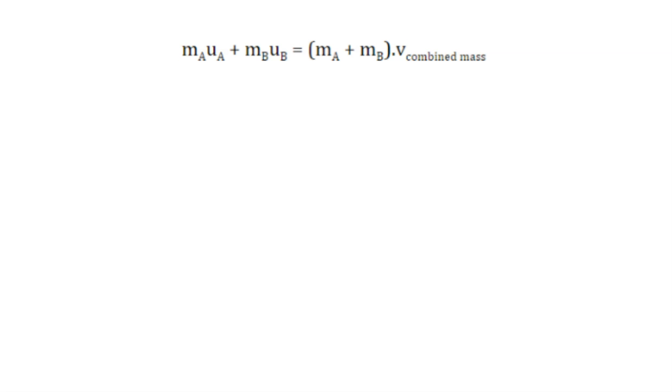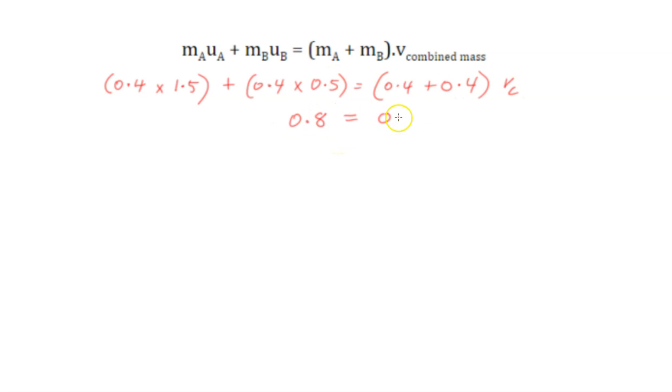So now let's substitute our values and then solve. And because it's a positive value, we know the direction is to the right. Let's just do a final check for this value. Does that make sense?